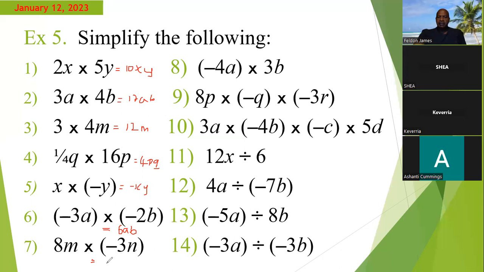What sign should you have in the answer? Negative 24mn. Correct. And why do we get a negative here? Sir, because in the bracket it says negative 3n. All right, so there's a negative 3n in the bracket, but what is the particular reason why the answer becomes negative?